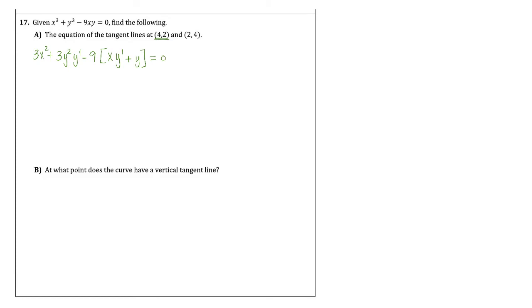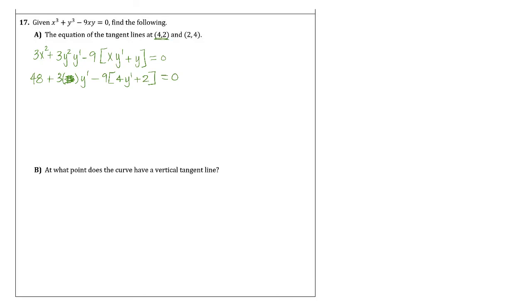So we're going to substitute in (4, 2). Well, 4 squared, 16 times 3, 48, plus 3 times 16 y prime minus 9 times 4y prime plus 2. Make sure I didn't substitute in something weird here. 4 squared, 16, yeah, plus 3y squared. Oh, I did right there.